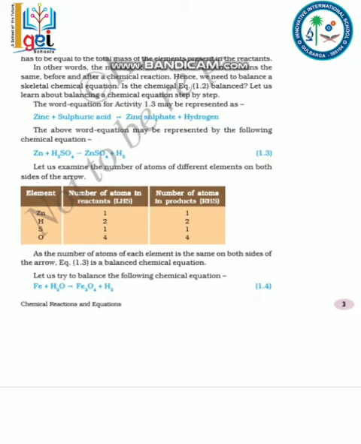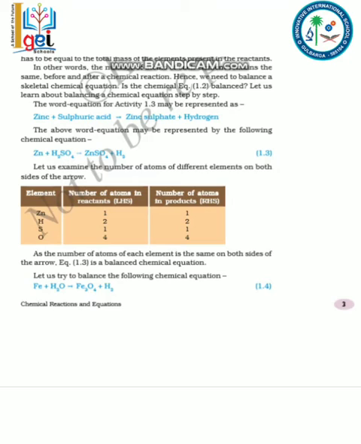Just tabulate that by making three columns: first column as element, second column as number of atoms in reactants, third column as number of atoms in products. What elements do you have in your equation?